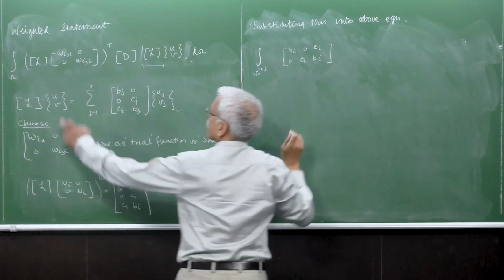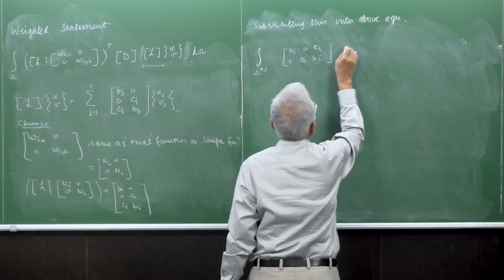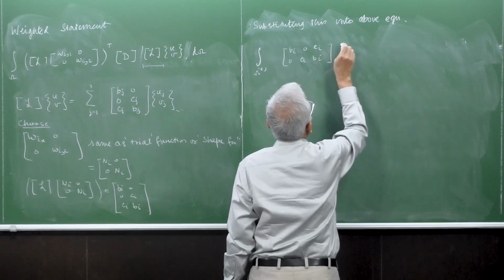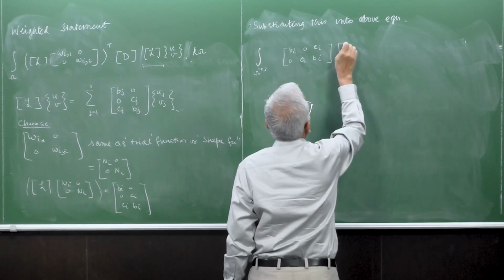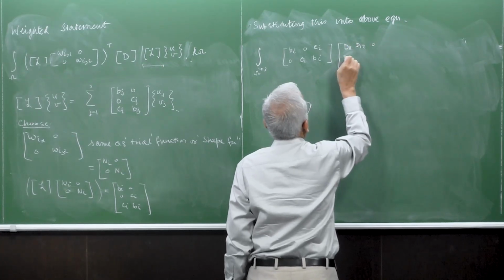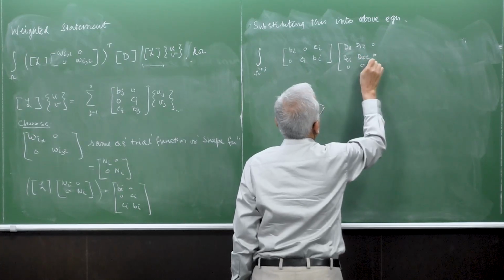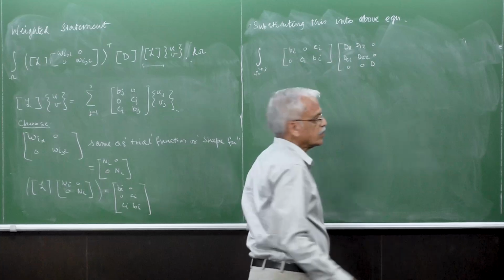So this is corresponding to L on Ni, and then you have your D here. So it is D11, D12, D22, and so on.